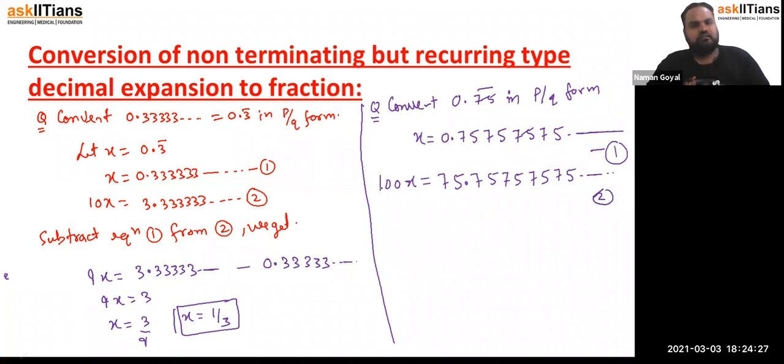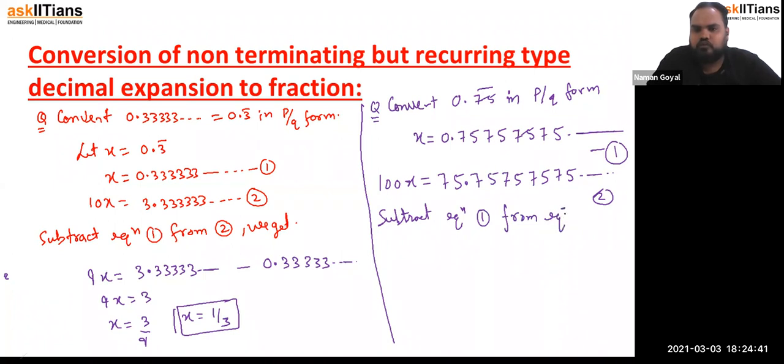Now again same, what we do, subtract equation first from equation second. See what we get. Okay, now in LHS 100x minus x is what, 99x. In RHS, see point digits will getting cancelled out, and 75 minus 0, it will be 75 only.